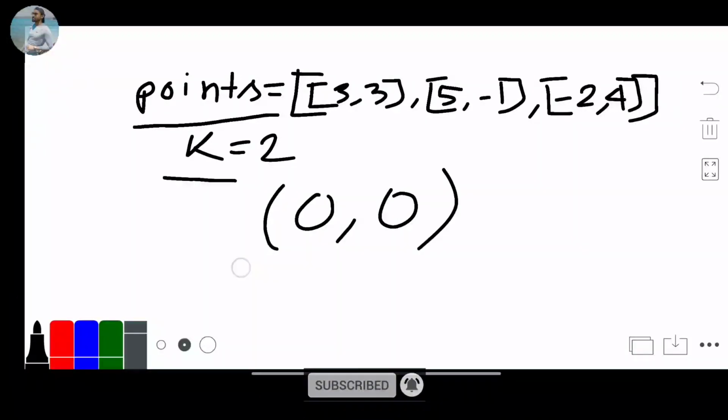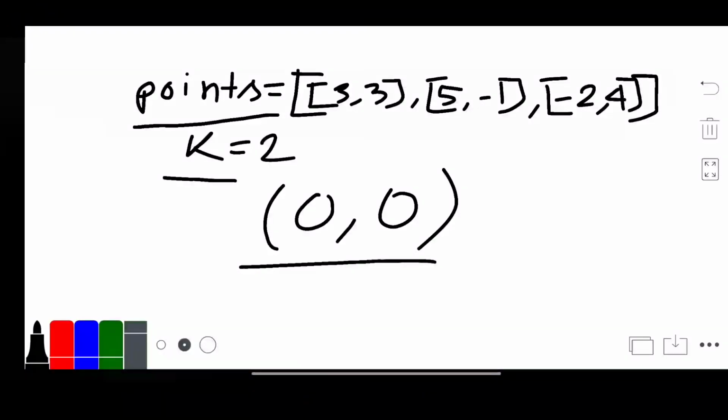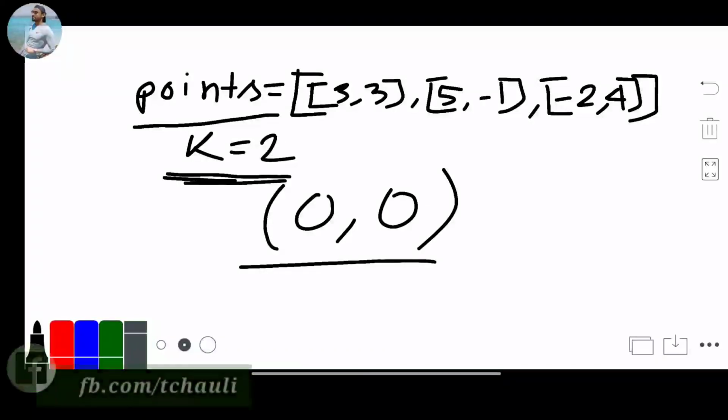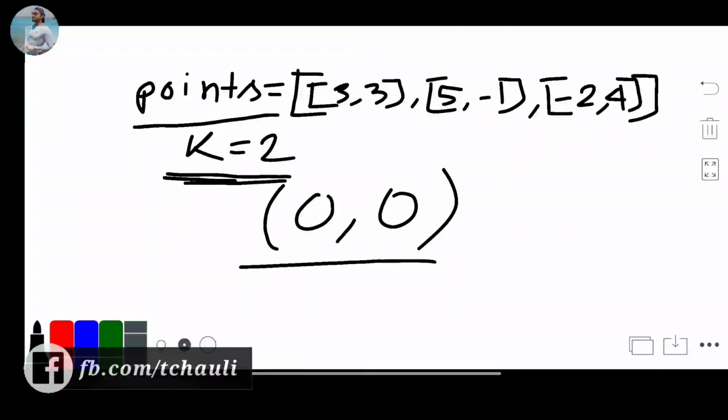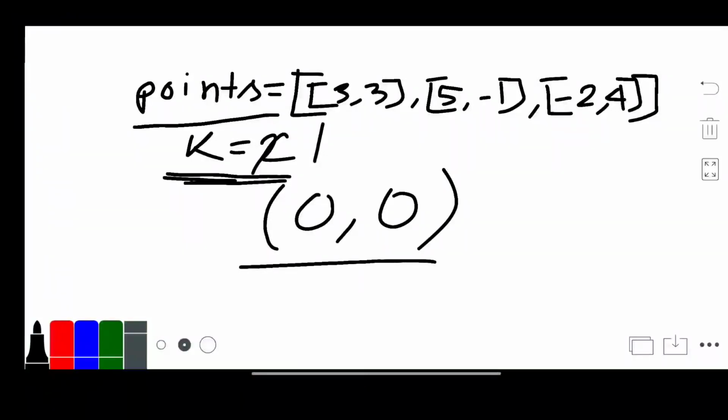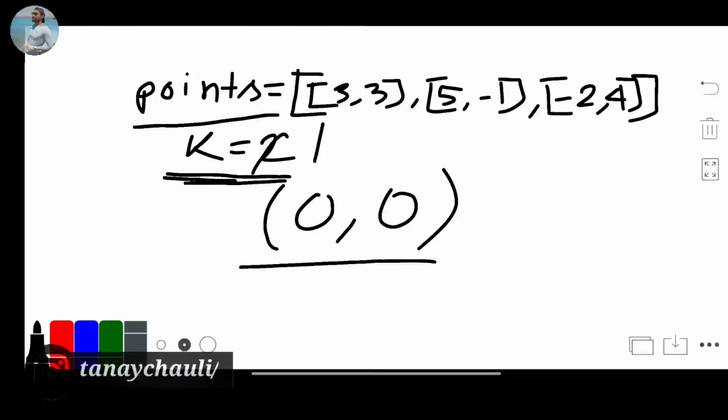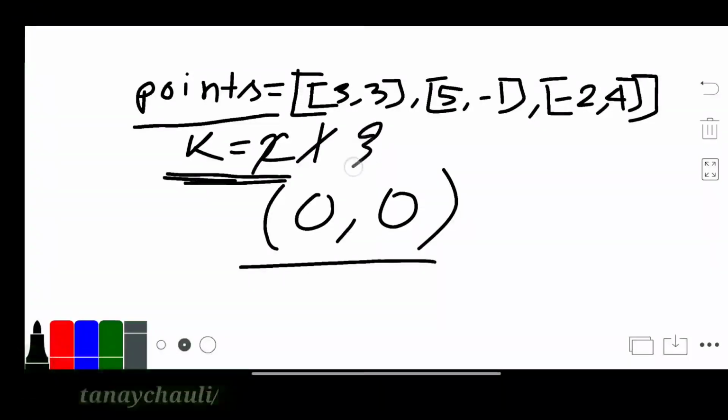We have to calculate the distance from the origin to each point, and if k is 2, we have to print the two closest points from the origin. If k is 1, we print one closest point, and if k is 3, we print 3, and so on. I hope the question is clear to you.